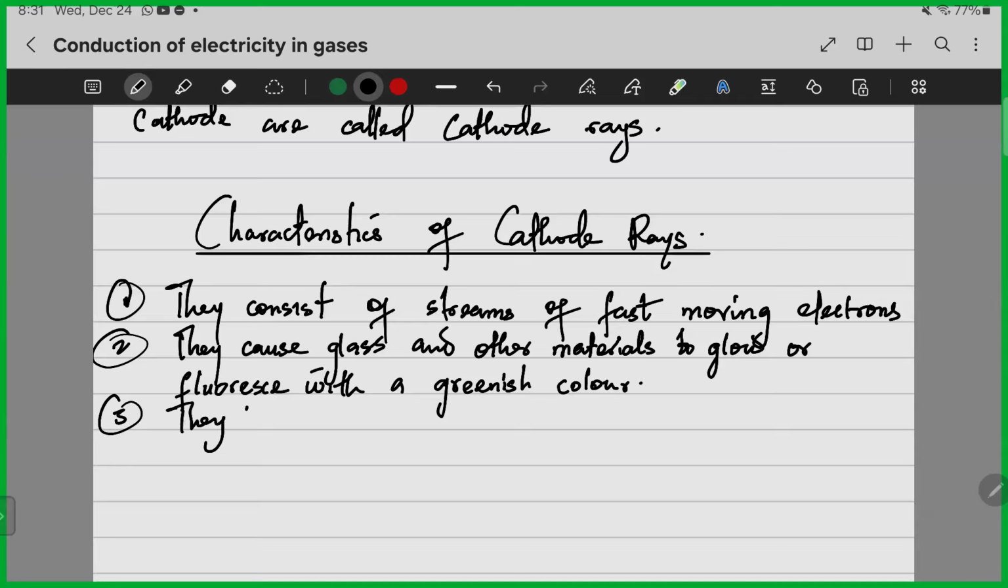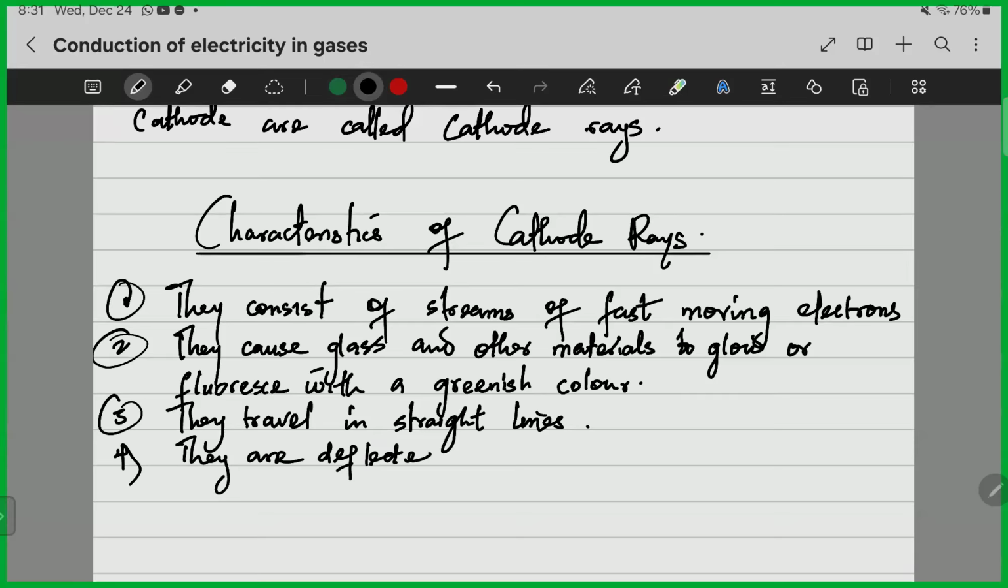They travel in a straight line. They are deflected by electric and magnetic fields.